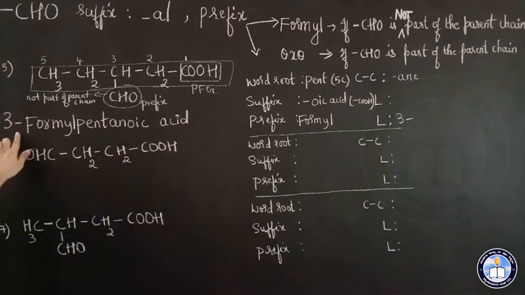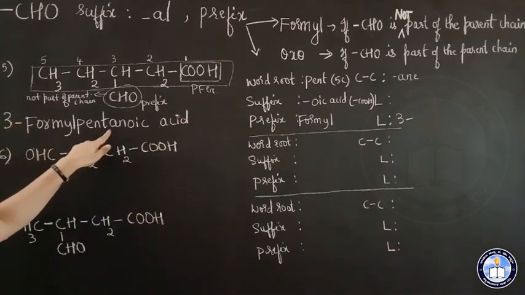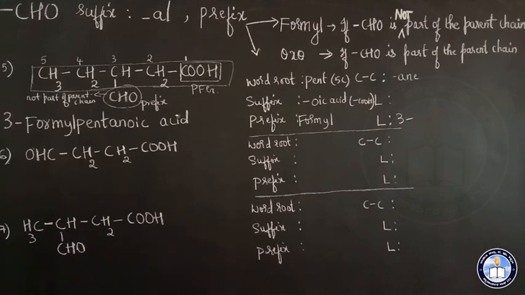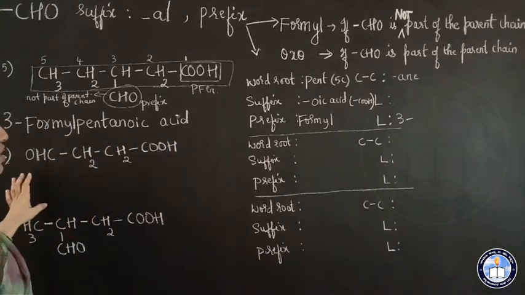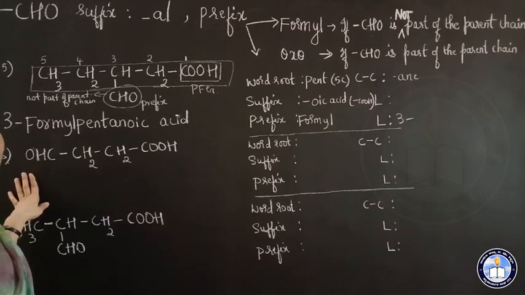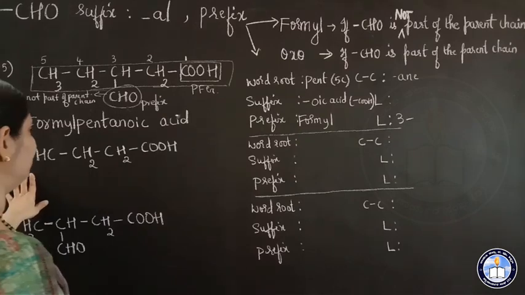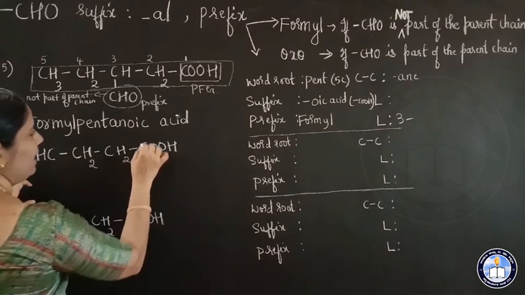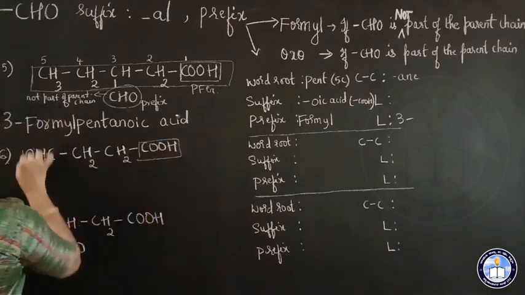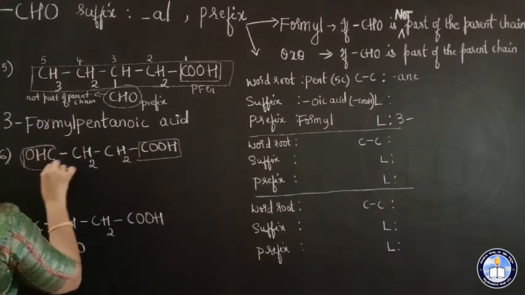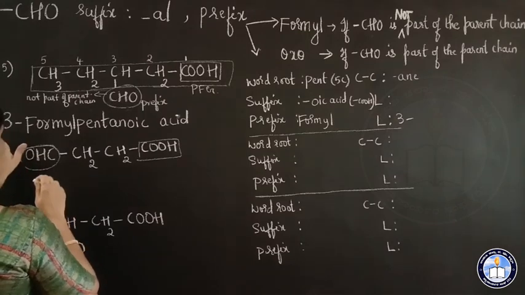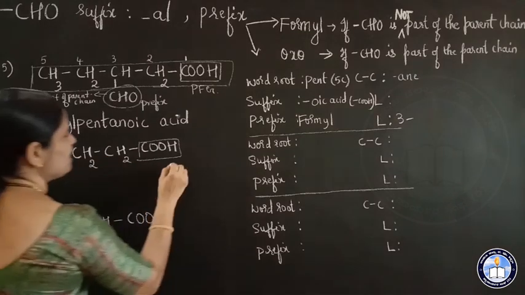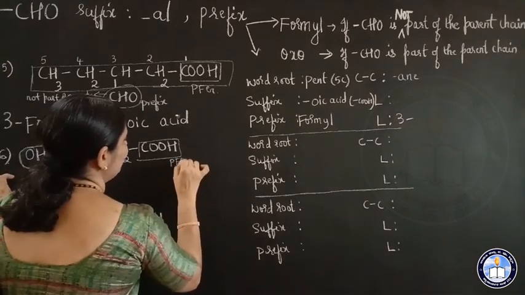So the name is 3-formylpentanoic acid. Now next, see here, this is straight chain compound, no branches, or we can say unbranched compound. So when COOH and CHO is present, 2 functional groups are present. COOH is the principal functional group.